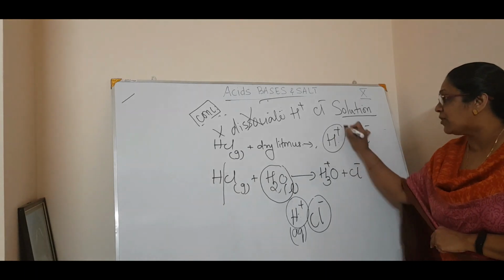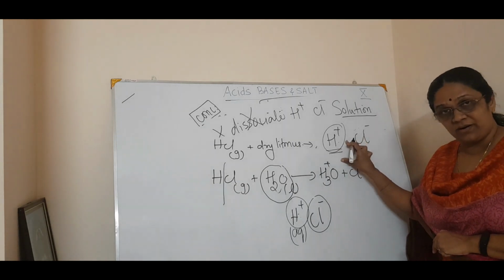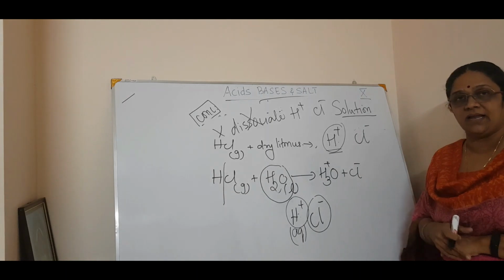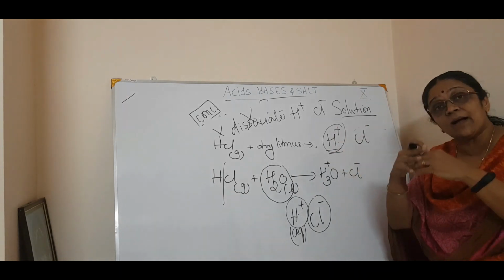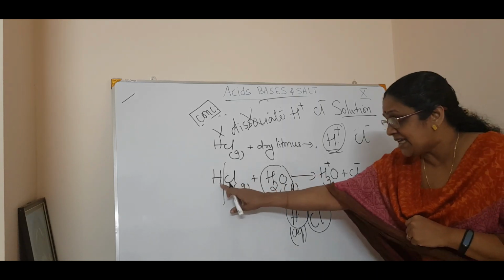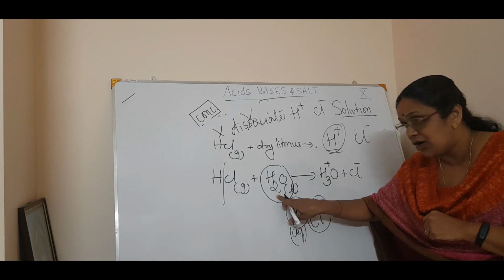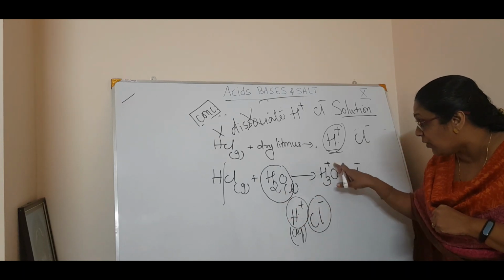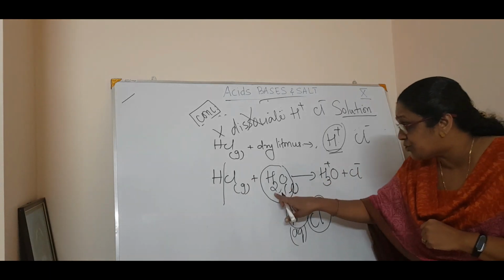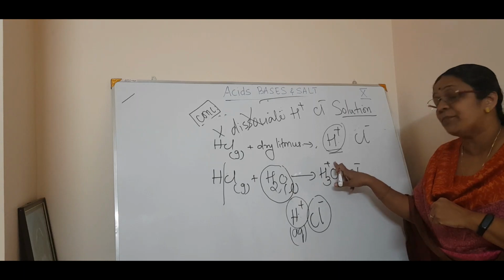You will say this as a proton in structure of atom; here you will say H plus ion. So this H plus ion cannot exist independently. It has to bind with something else. So what will it do? This H plus ion combines with water to form H3O positive, that is H2O plus H, that is H3O with the positive charge.